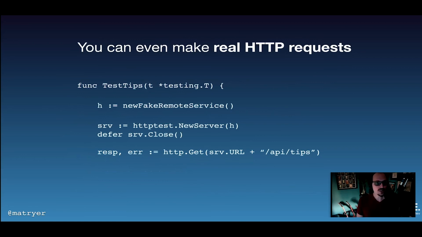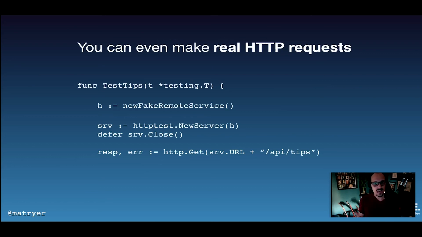But you can also make real HTTP requests. This is the httptest.NewServer function. And you give it the handler that you're interested in, and it gives you back this server object, which you always defer the close of, and then you can use the server URL and make real HTTP calls to the server.